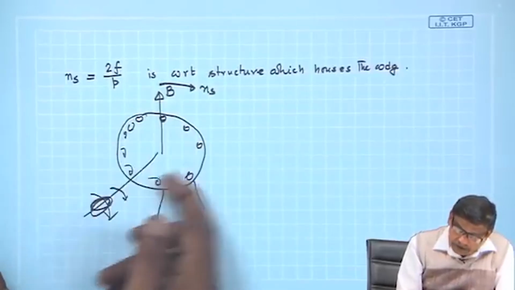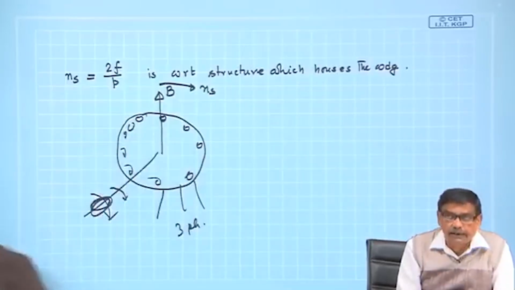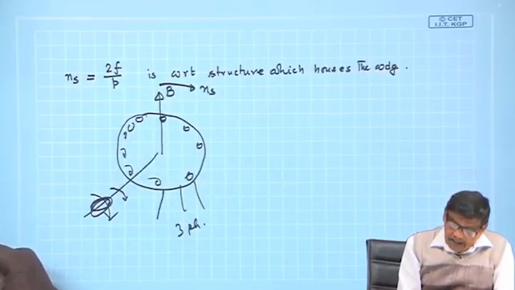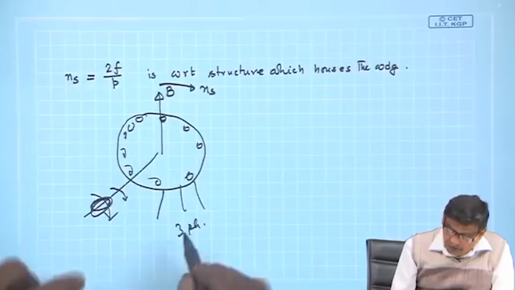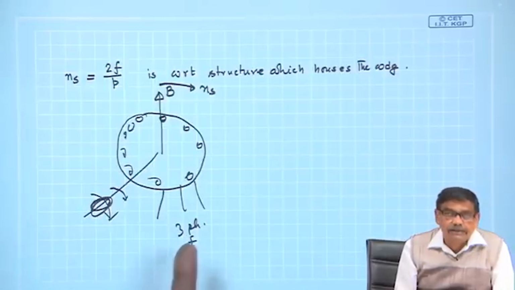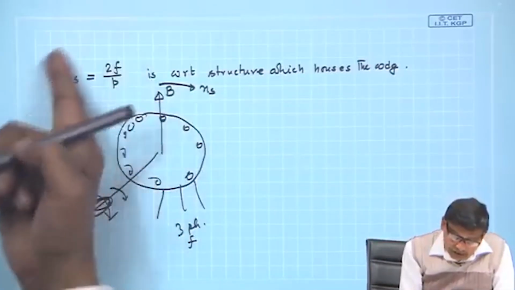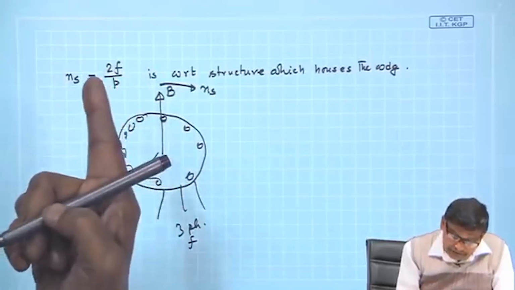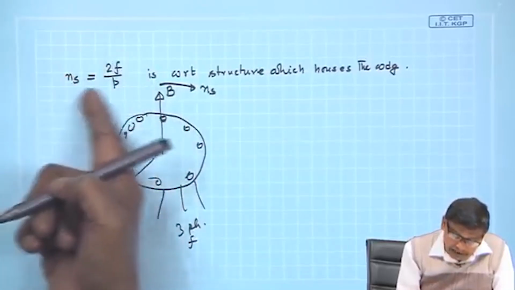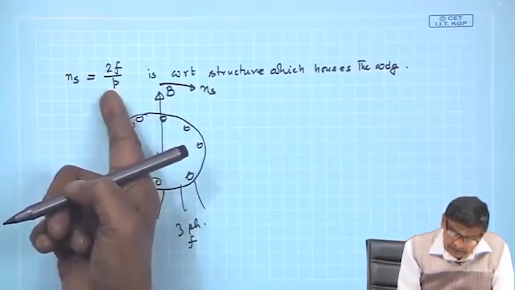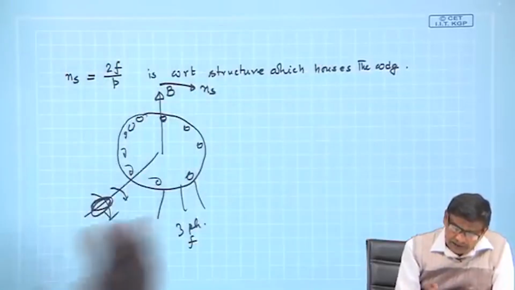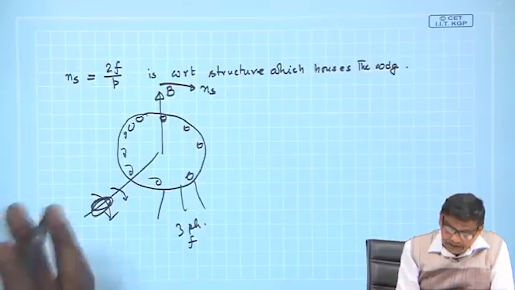This body, rotor body, houses a 3 phase winding and it is energized from a 3 phase supply of frequency f. Then I know there is a rotating magnetic field of constant strength and its mechanical speed is this much, and suppose moving in the clockwise direction, that is fine.